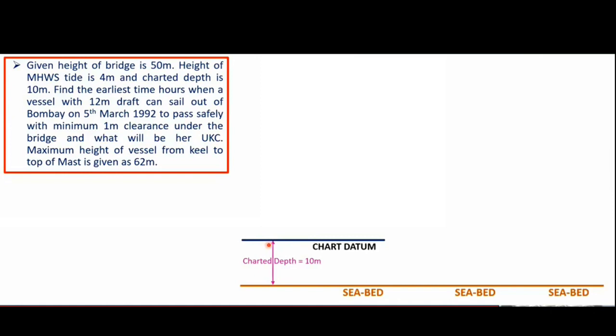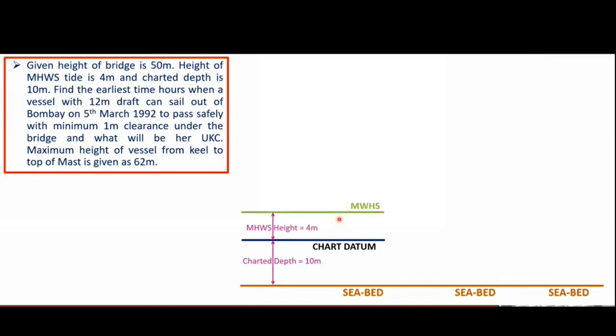Why? Because the charted depth is measured from chart datum. Then we are given the height of mean high water spring tide. And we know all tide heights are given from chart datum. So if we go 4 meters above the chart datum, we shall have the level of the mean high water spring.